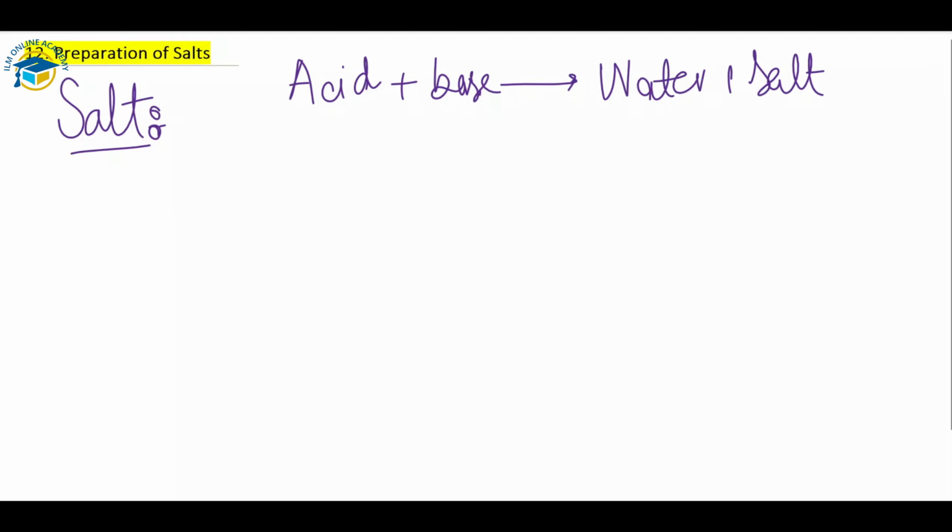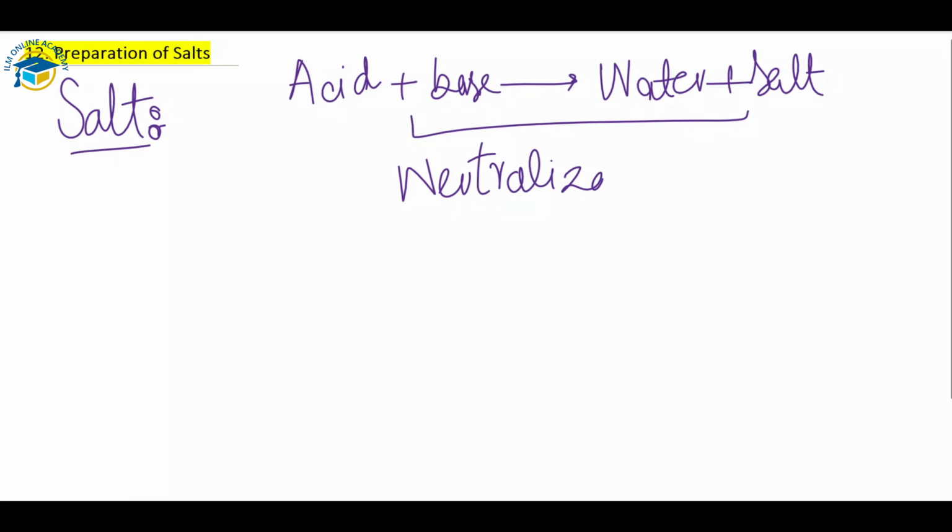So this is how the salt is prepared by the reaction of an acid and a base, and this reaction is known as a neutralization reaction because we have two substances in our reactants which have different pH, and when they are combined with each other they neutralize and form neutral substances, which are the salt and the water. Water, as we already know, pure water has a pH of 7, which is the neutral pH.